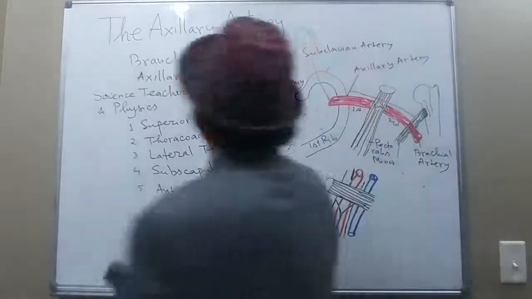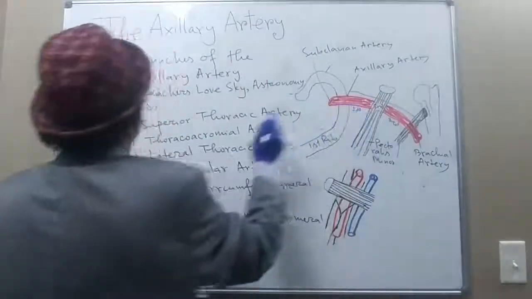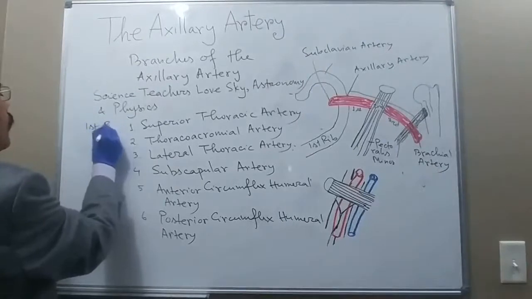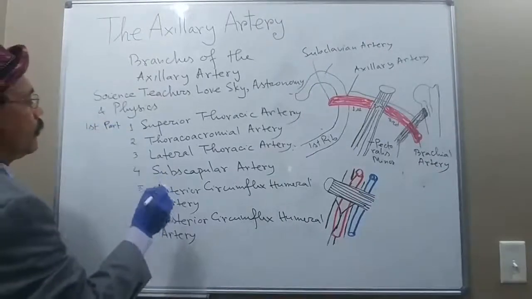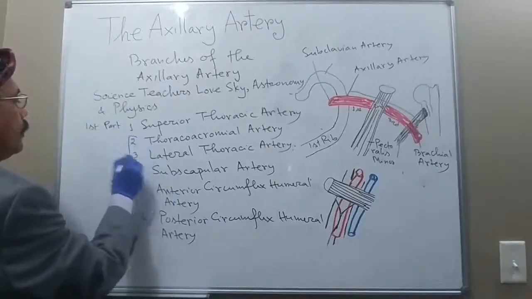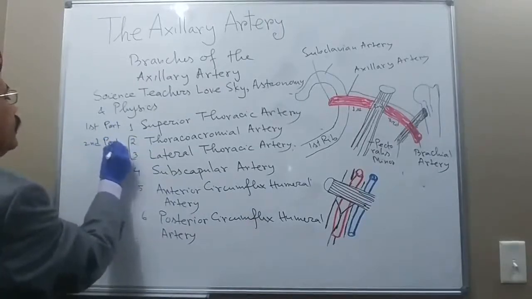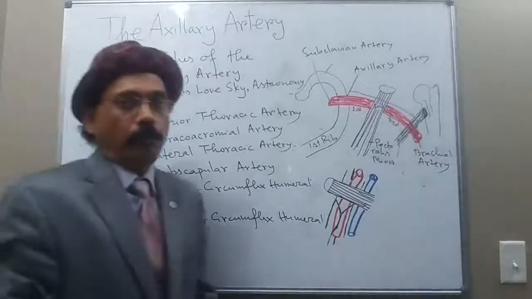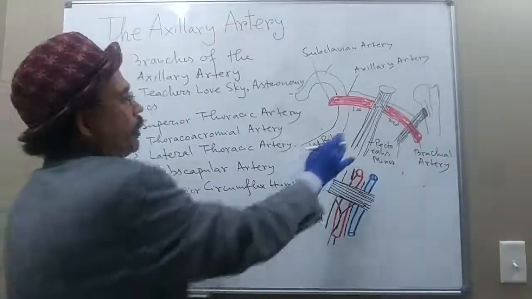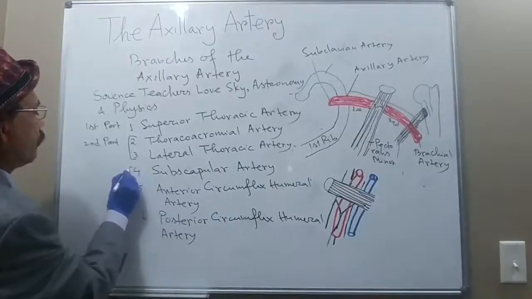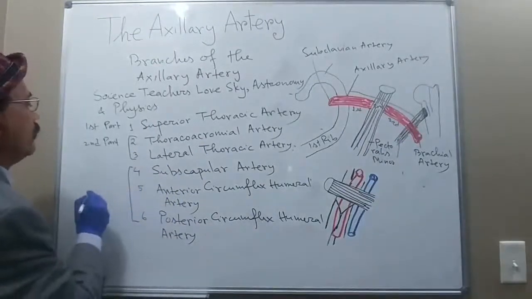Now, from the first part we have one artery. From the second part, behind the pectoralis minor muscle, we have two arteries. This is the pectoralis minor muscle. Then from the third part we will get three branches.